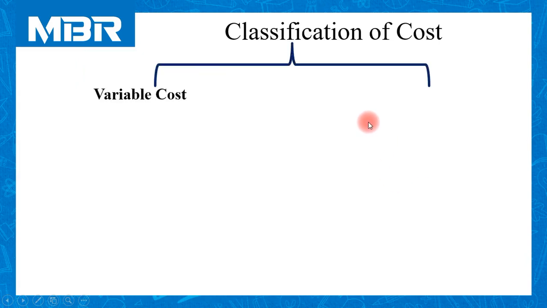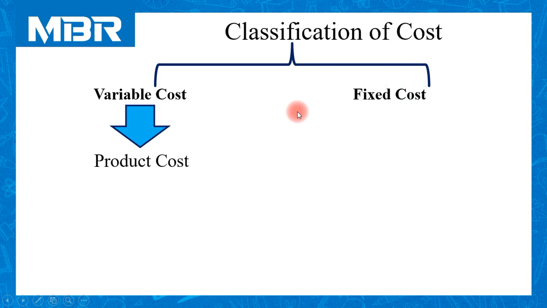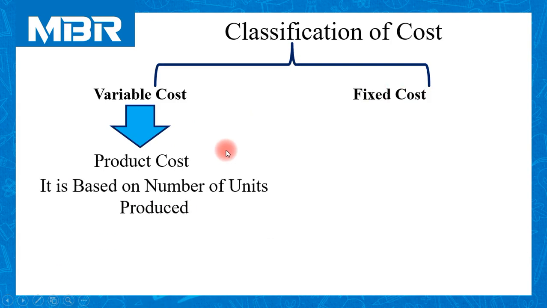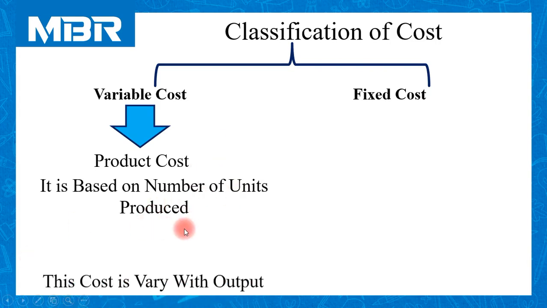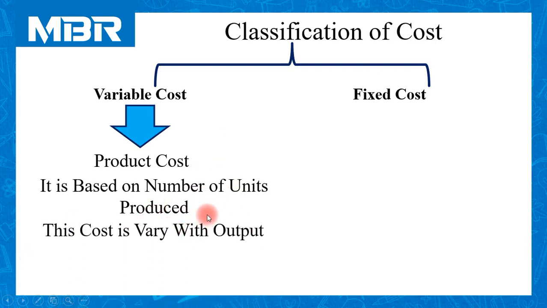Broadly, we can classify the cost into two parts. First, it's a variable cost, another it's a fixed cost. Variable cost is also referred to as a product cost as it is directly related to production of the goods or services. It is based on number of units produced, and you can say it varies with the output.